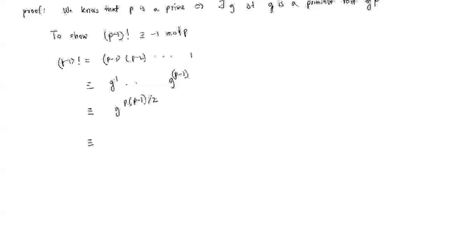Now, what is g to the power (p minus 1) by 2 mod p? We are working mod p. What is g to the power (p minus 1) by 2 mod p?